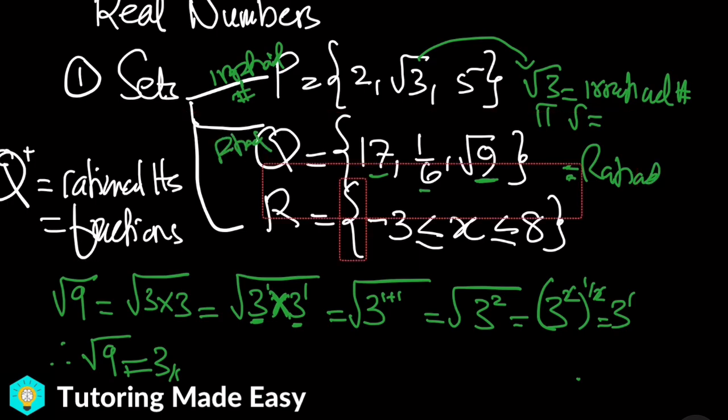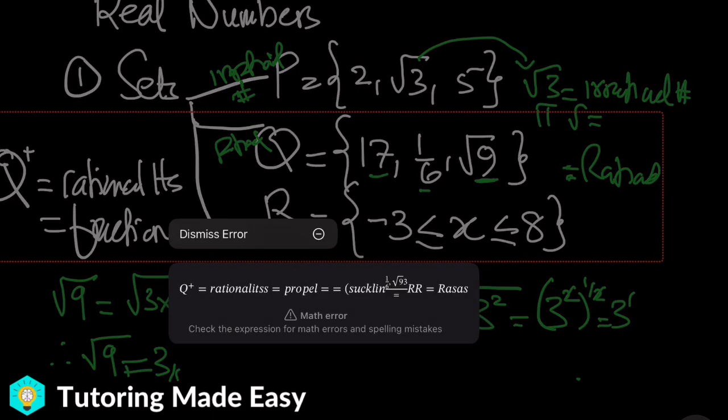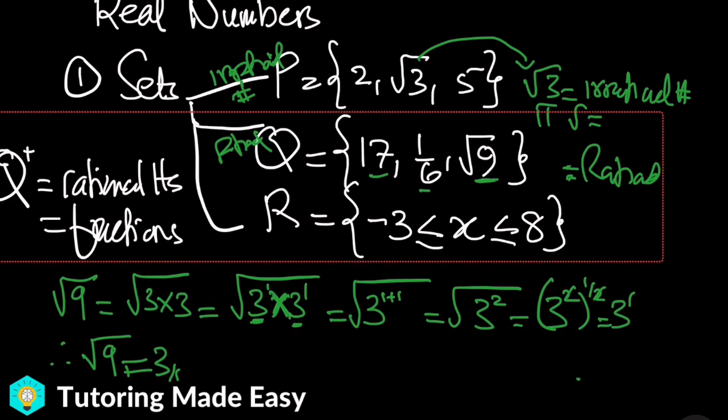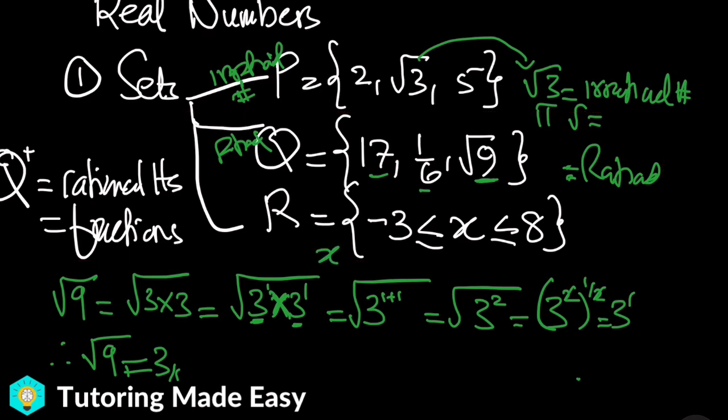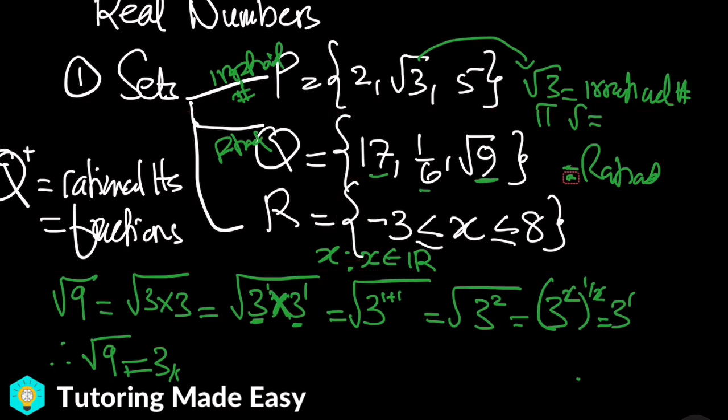On the other hand, set R is an interval between -3 and 8. Once we make such a statement, and we also put a condition that x belongs to all real numbers, it means that this interval can contain rational numbers or irrational numbers.